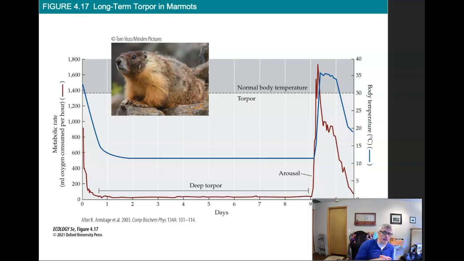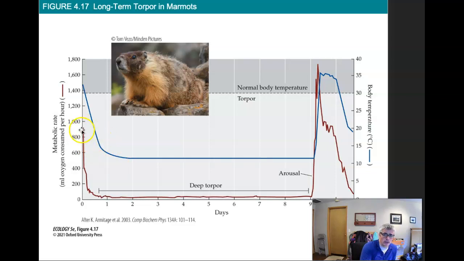Here's a graph of a marmot that's undergoing torpor. We have time on the x-axis, and on the y-axis is milligrams of oxygen consumed per hour. And body temperature is on the second y-axis. So red is the amount of oxygen consumed per hour.